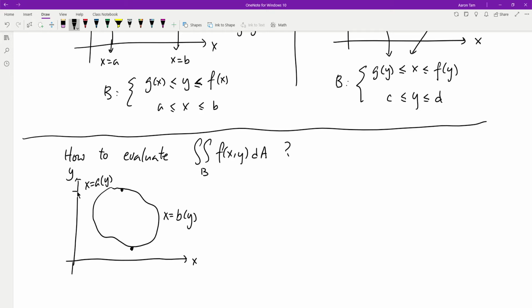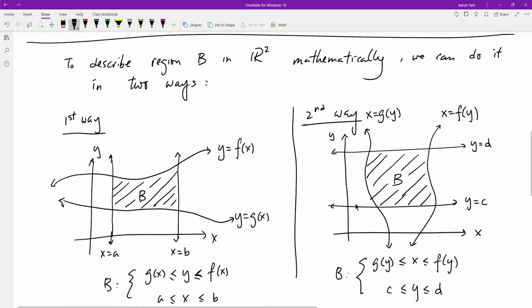Then the top point and the bottom point will be y equal to d on top and y equal to c on the bottom. So I'm describing region B using x gap between a of y and b of y, and y gap between c and d. I'm using the second way, way number 2, to describe this region.